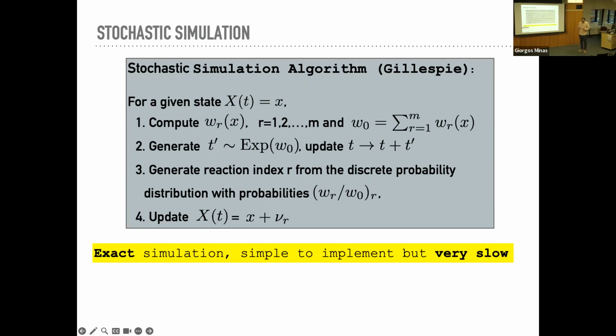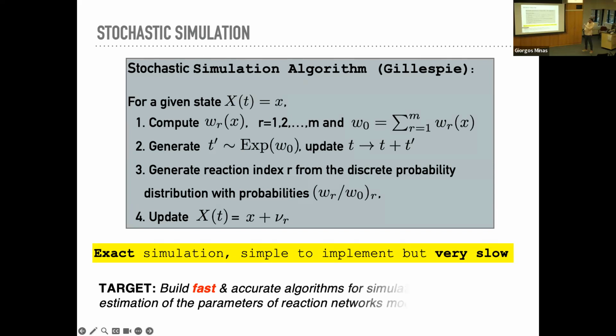So that becomes very slow when you have even a moderately complicated model. So there is a whole branch of maths that focuses on making this faster while remaining accurate, to have the same kind of distributions that you get from exact simulation, but in a much faster way.